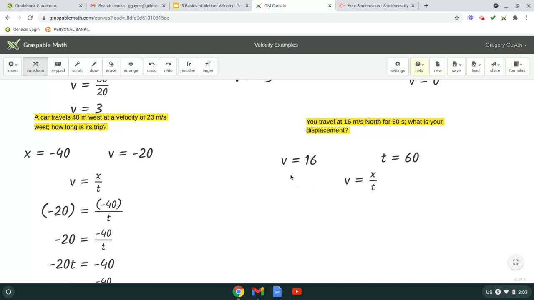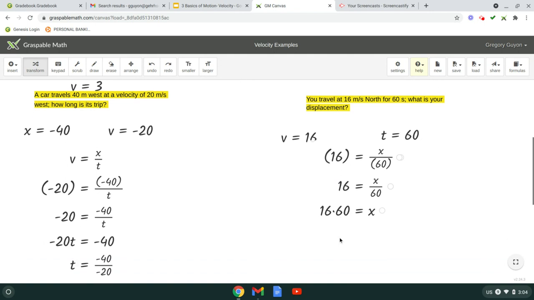So now I can just do the math. I take my v here, plug it in for my v there. I take my time, plug it in for my time here. Okay, and then get rid of my parentheses. And we need to move the 60. We need x by itself, so I'm going to multiply both sides by 60 by bringing it over to the other side.